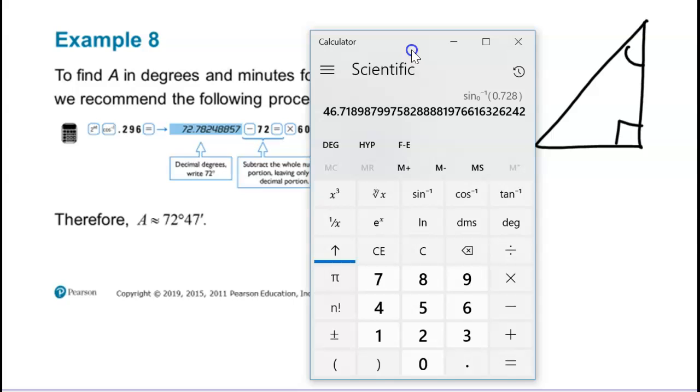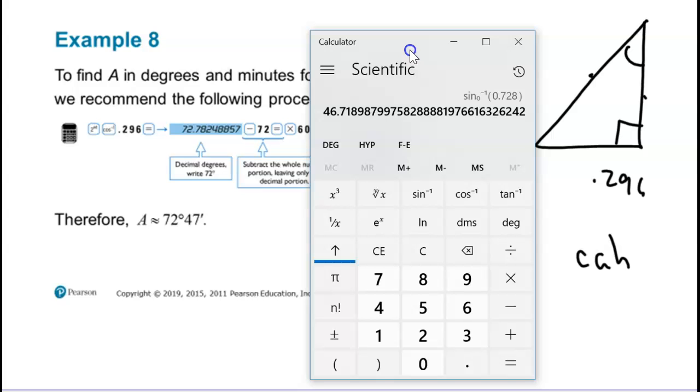Since it's cosine, you know that this 0.296 has to do with the ratio of cosine, CA, the adjacent over the hypotenuse. And so we're going to find the angle associated with 0.296 cosine.